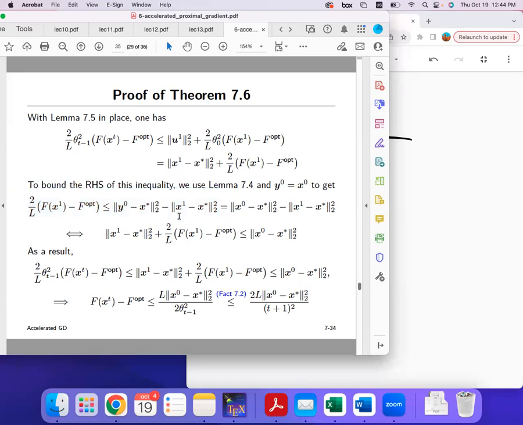And then rearranging this inequality, we can show that the sum of these two terms will be bounded by the distance between x_0 and x star. This is to say that the entire right-hand side is simply bounded by the distance between x_0 and x star.